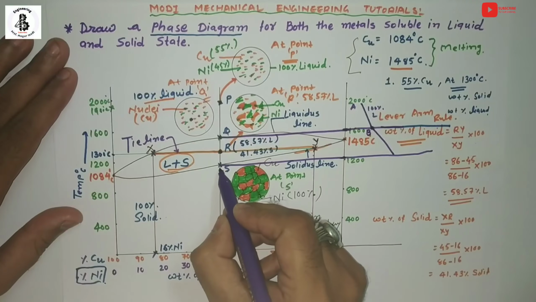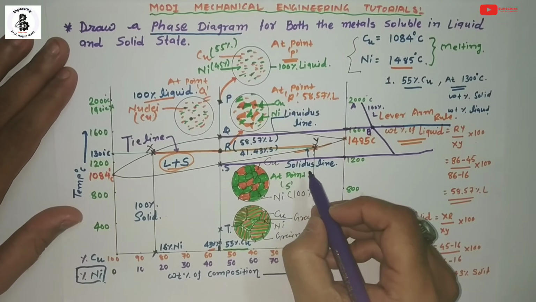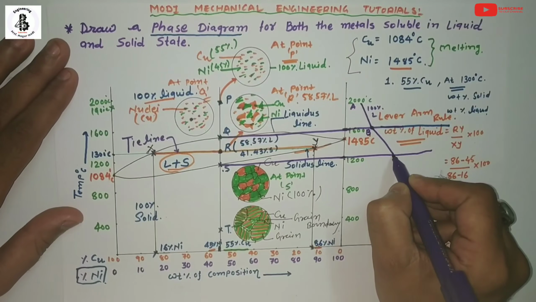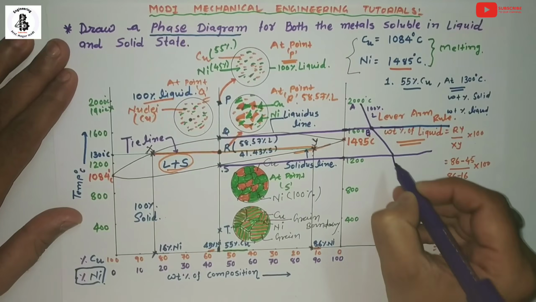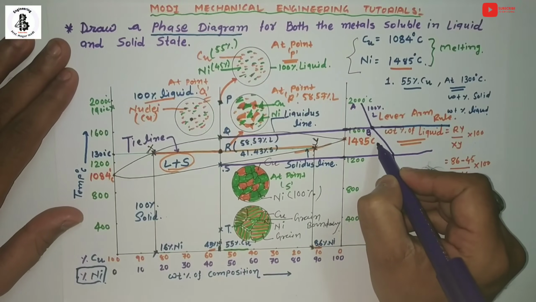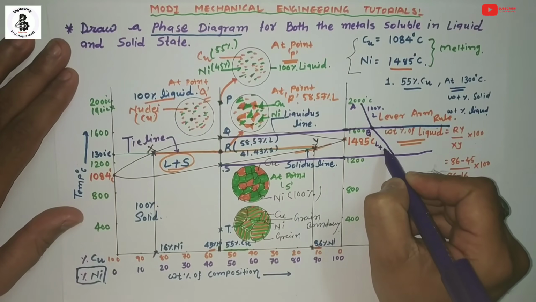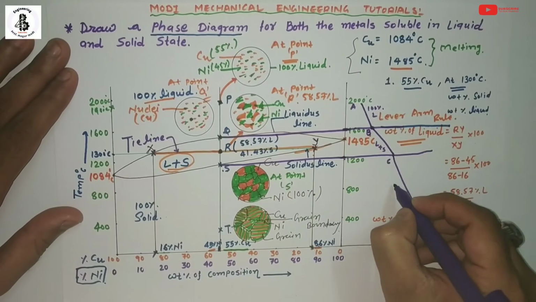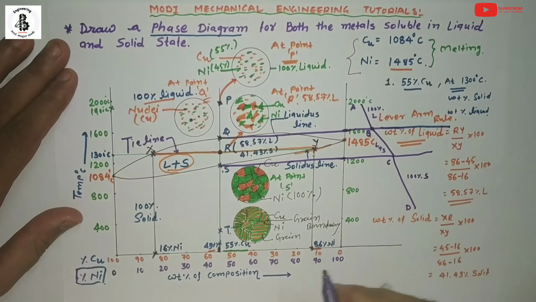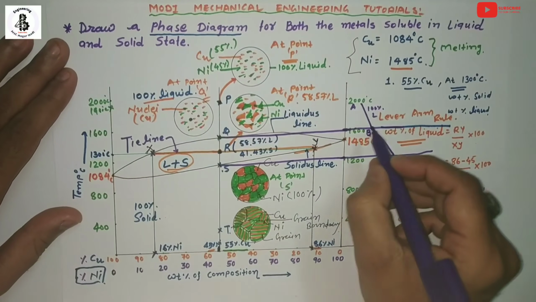And once again this S point will be intersecting at a solidus line. Below this line it will form 100% solid. So this is point C and D. In between it will be liquid plus solid, and after point C it will be 100% solid. So this is a cooling curve.